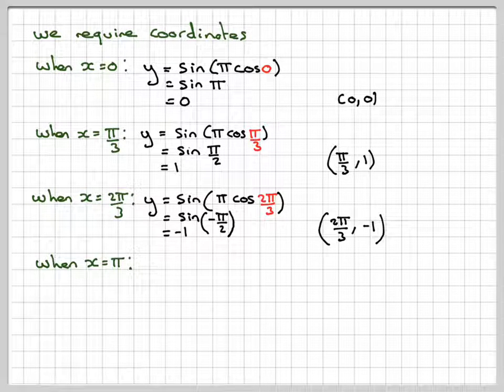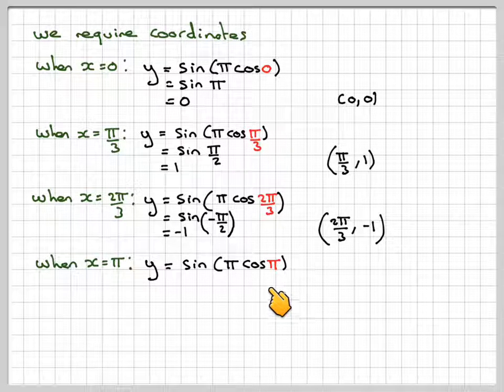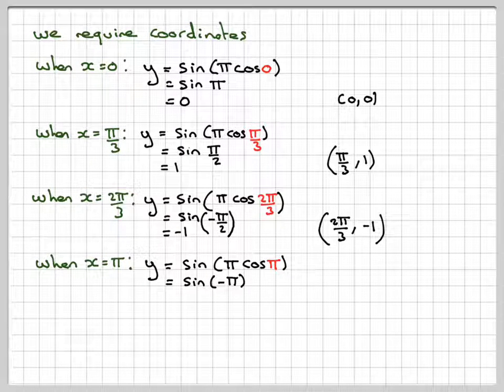And finally when x is equal to pi, we're going to have that y is sine of pi cos pi, and the cos of pi is equal to minus 1, so we have sine of minus pi, and sine of minus pi is equal to 0. So we're going to get pi comma 0.